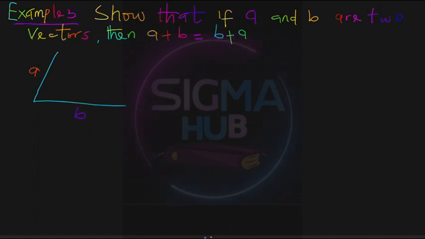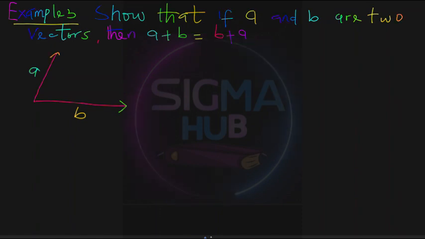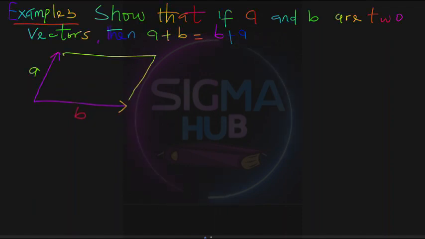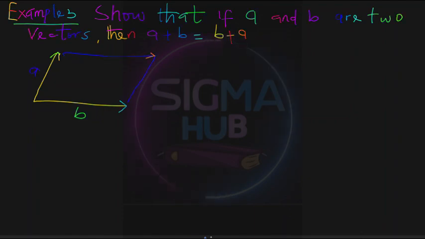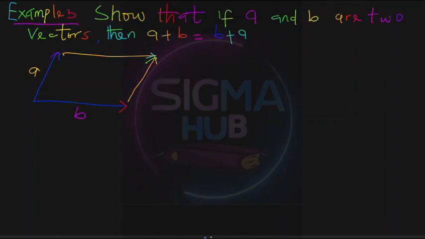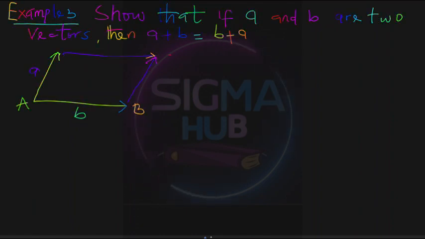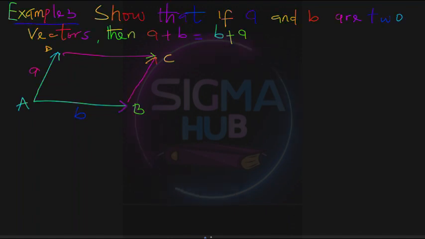If B goes like this, while A goes like this, I can use these two adjacent sides to draw a parallelogram. It is also like this and also like this. So let's give the parallelogram the letters A, B, C, D.